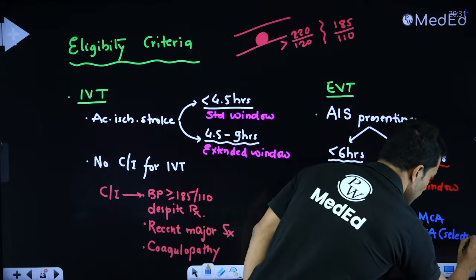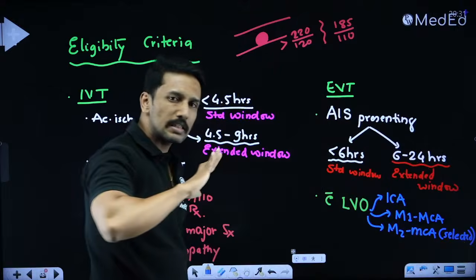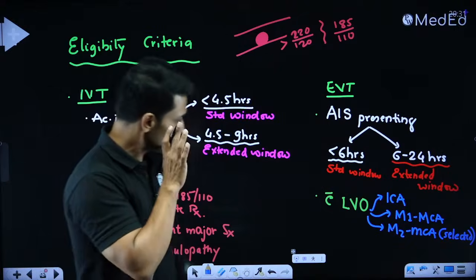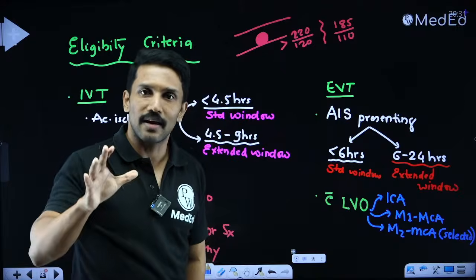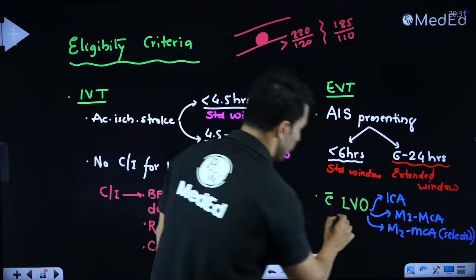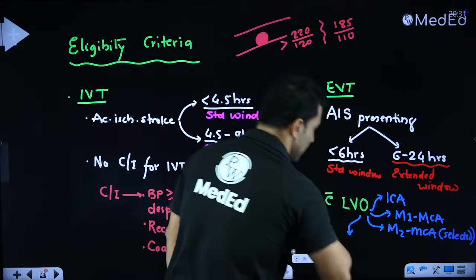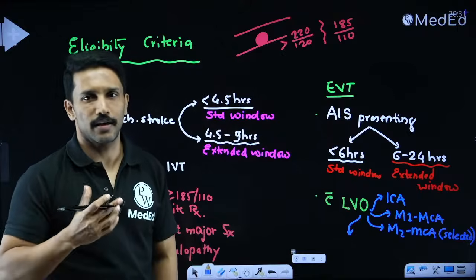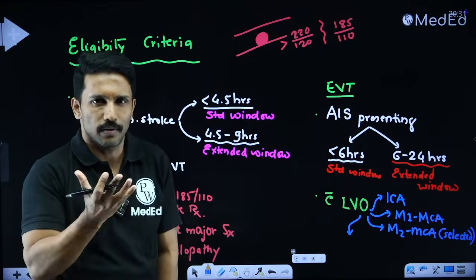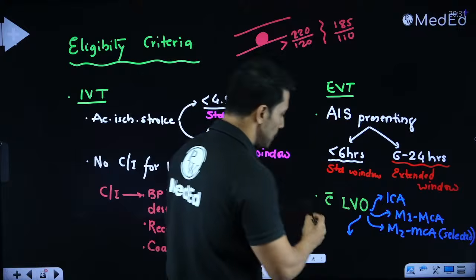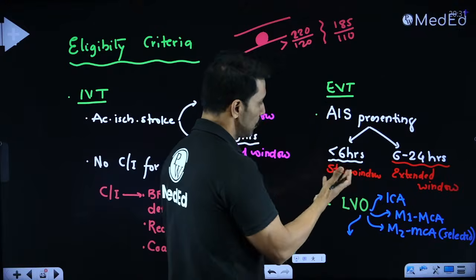As an undergraduate student, if you don't remember the M2 part, it's perfectly fine. But the M1, yes, those are standard candidates for EVT. This is about the middle cerebral artery and internal carotid artery, anterior circulation primarily. Now we can do it for posterior circulation also.